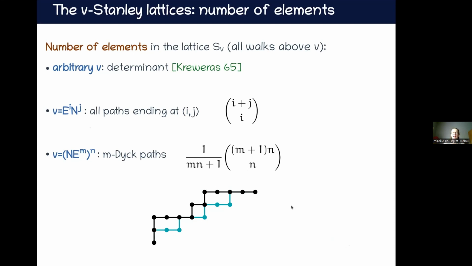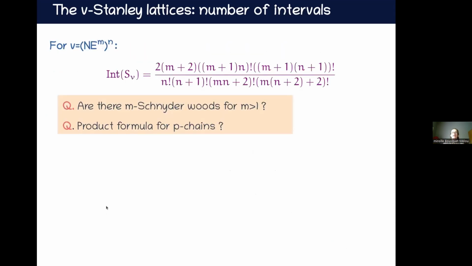So these are some examples, but we will again be mostly interested in counting intervals in these lattices. And so here is again one such result. You're taking as your base path this kind of m-stair with n up steps.